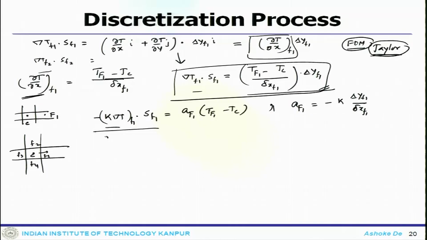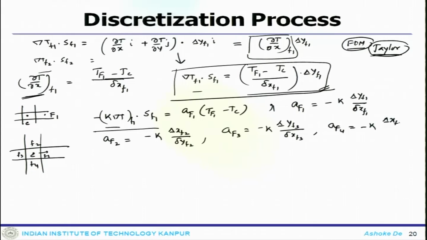If I put them together, I will put the coefficients only: minus kappa delta x F2 by delta y F2, a F3 would be minus kappa delta y F3 by delta x F3. Then we have a F4, which is minus kappa delta x F4 divided by delta y F4.